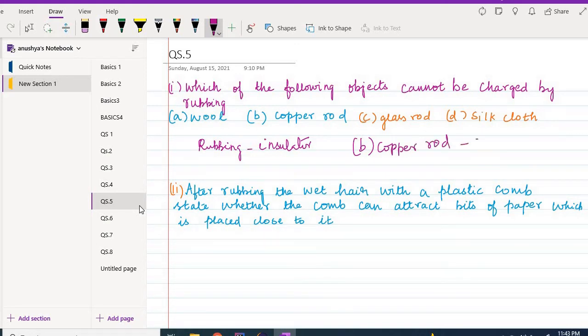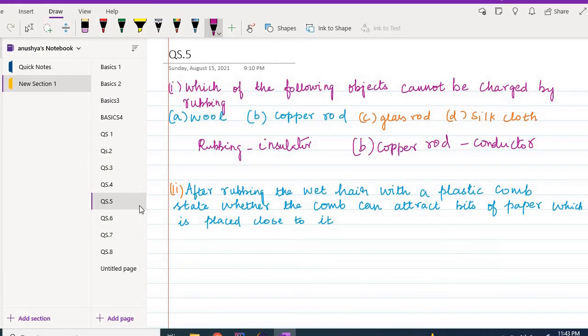When you charge the copper rod by rubbing, all the charges transferred to it will be discharged very quickly because copper is a conductor.